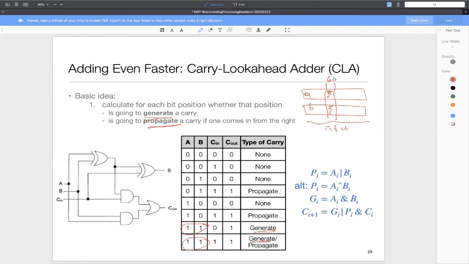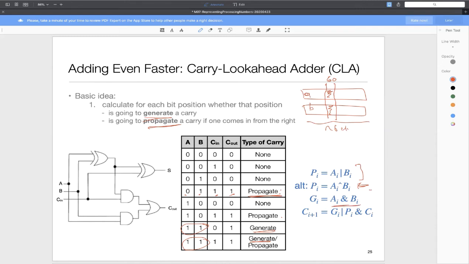For example, if A was 0, B was 1, and C in was 1, then C out will be 1. So that means I'm propagating. There are a couple of slightly different definitions of propagate that people use, but we are using one of them. If you work out the truth table, propagate means A or B, or in some cases A XOR B. And generate is A and B.